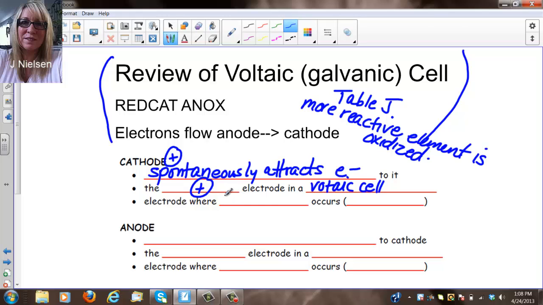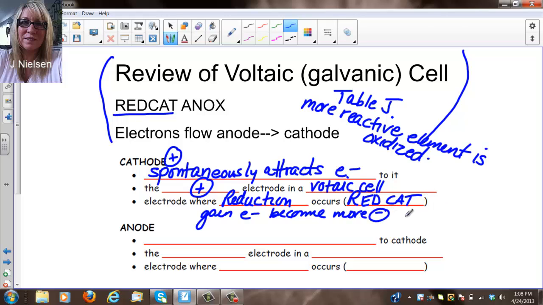This is the electrode where red cat, reduction, occurs. And remember, when we reduce, we gain electrons and we become more negative, which means that the oxidation number is going to decrease.